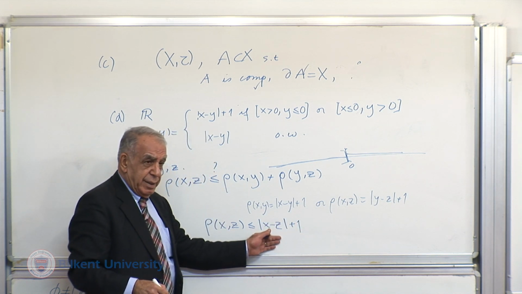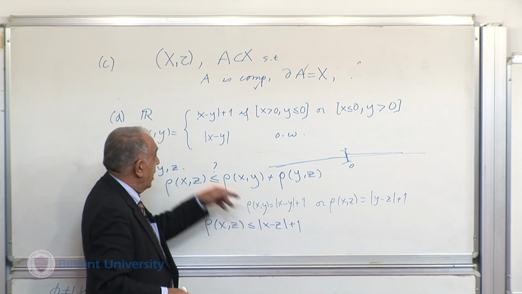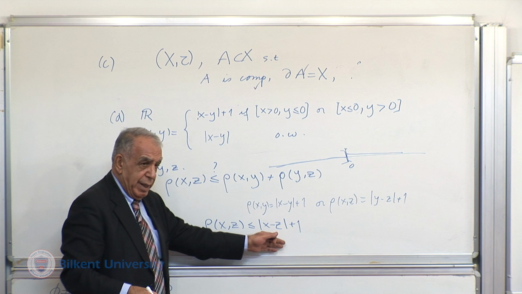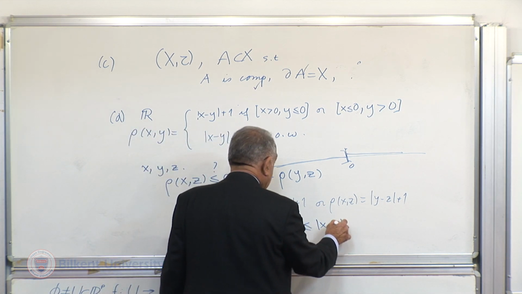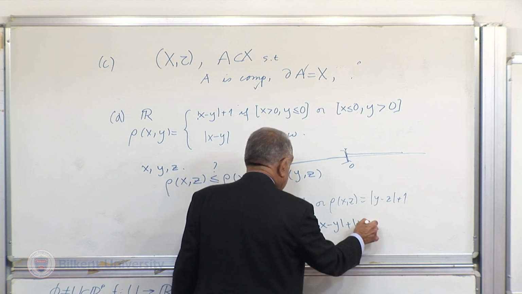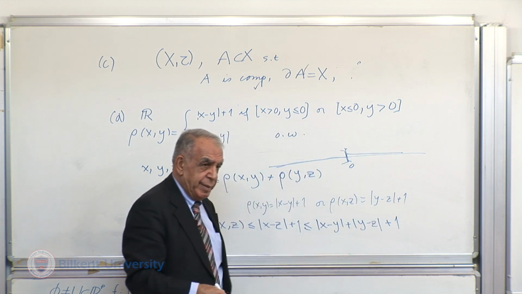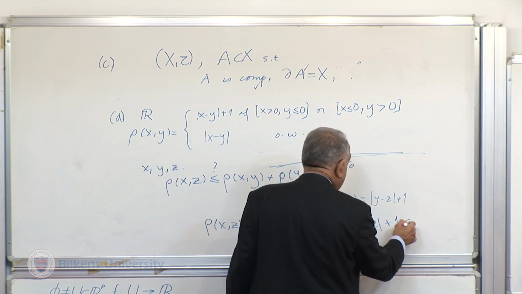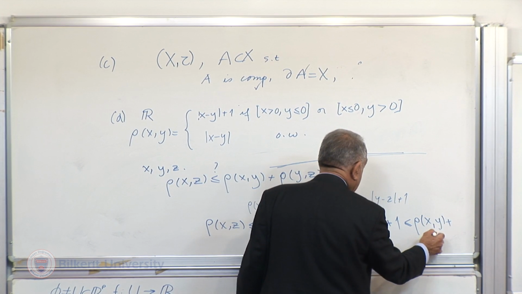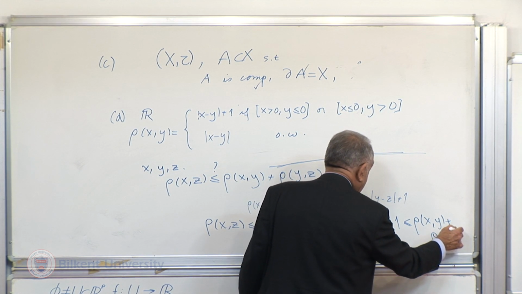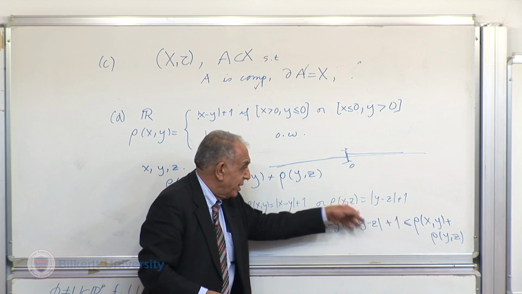It's either this or this plus 1. So it's less than or equal to x minus y plus y minus z plus 1. And this will be less than or equal to rho xy plus rho yz, because you might have 1 from each, but 1 suffices.